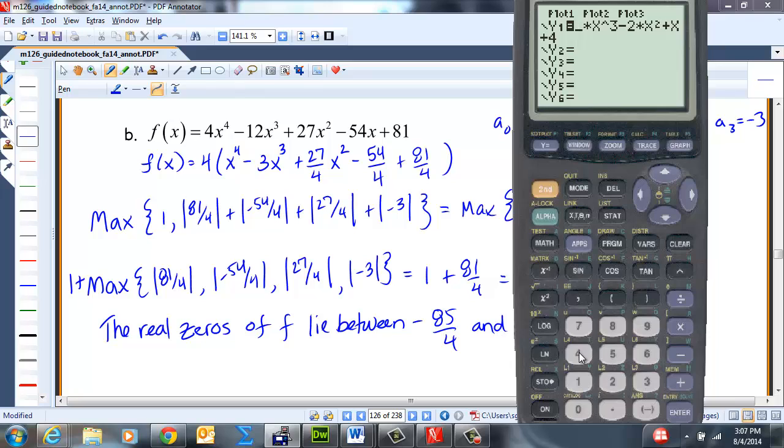So we'll have 4 times x raised to the 4th minus 12 x cubed plus 27 x squared, and then minus 54x plus 81. And then we'll graph it.